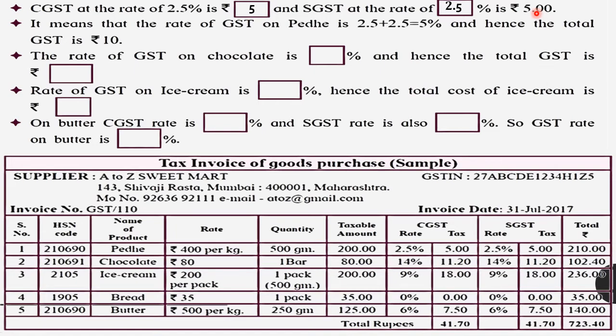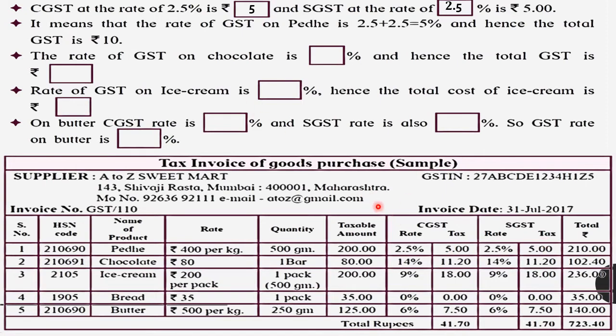Next, the second point means that the rate of GST on PEDA is 2.5 plus 2.5, that is 5%, and hence the total GST is rupees 10. If you see the first table, 2.5 plus 2.5, 5% is the total GST, and the total amount of GST is 5 plus 5, that is rupees 10.